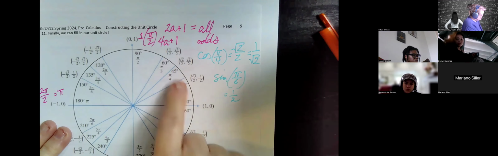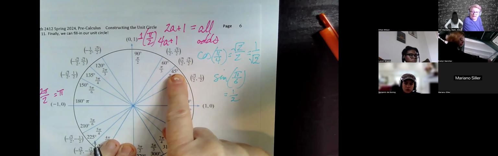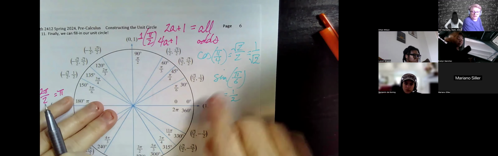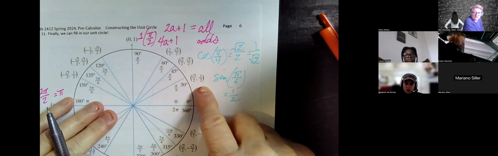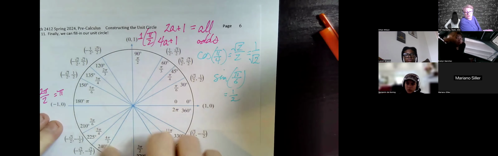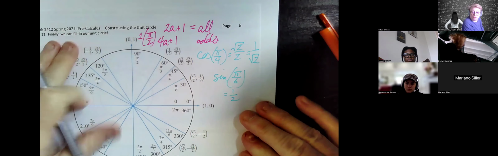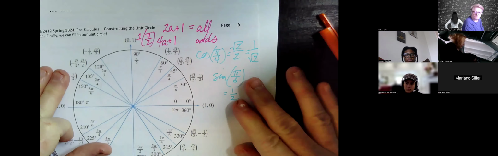Okay, so because we have that connection with sine and cosine to these coordinates, and we know the coordinates all the way around this unit circle, we know the sine and the cosine all the way around the unit circle.